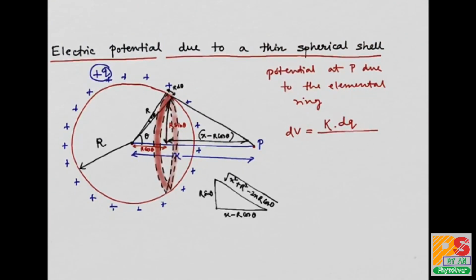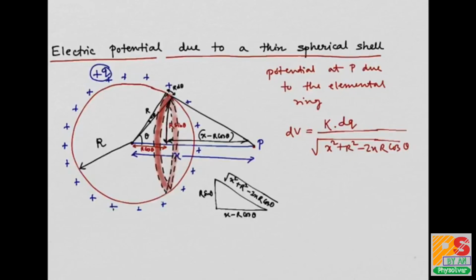Therefore, the value of potential is k into dq divided by root over x square plus r square minus 2xr cos theta.